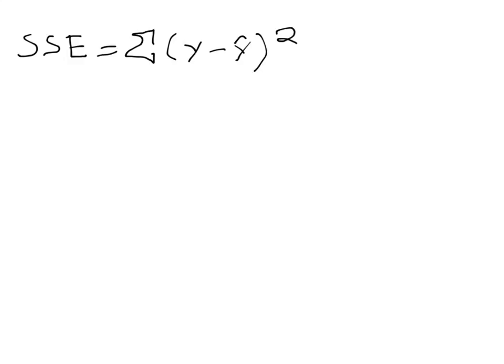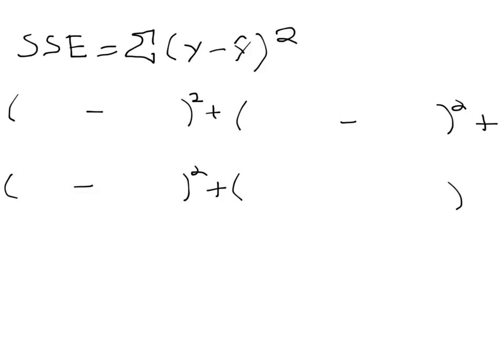We're going to have a string of subtractions that have been squared and then added together. So all of our sums of squares will look something like this, and it's just a matter of what we are putting in these spots.